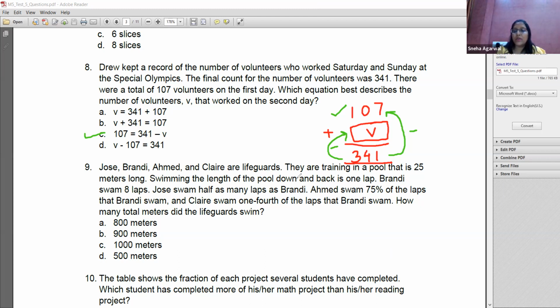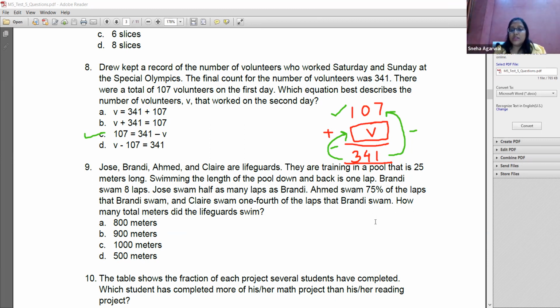How many total meters did the lifeguards swim? See guys, when they are swimming back and forth, this is called one lap. When they start from this point and move to the end point and then return back to the starting point, that is one lap.